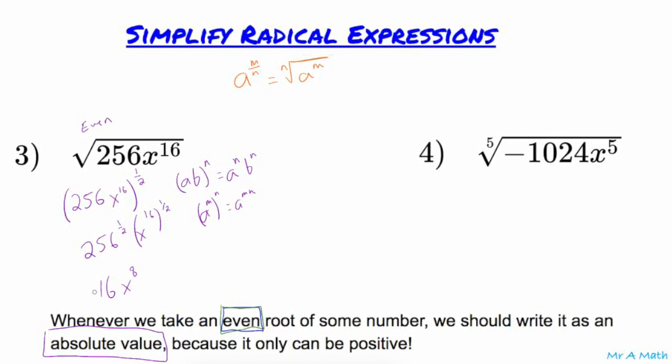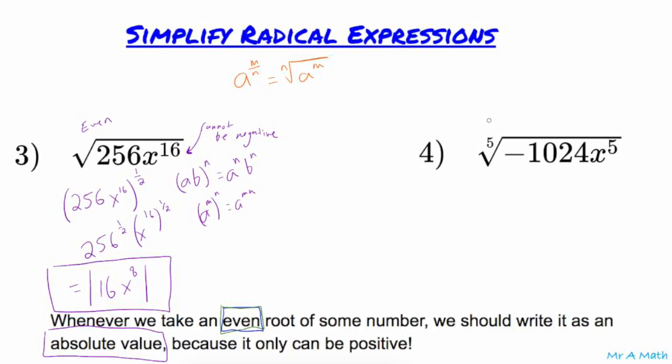And remember, since it is an even root that I'm dealing with, I have to write my answer as an absolute value because it must be positive. If I have a negative answer, it wouldn't work in the domain of this function. So it cannot be negative, which is why we write an absolute value.